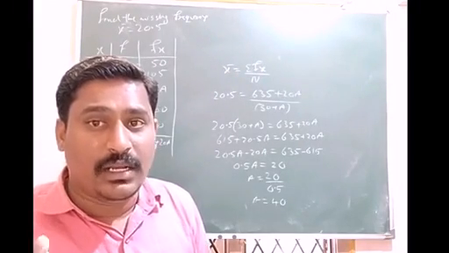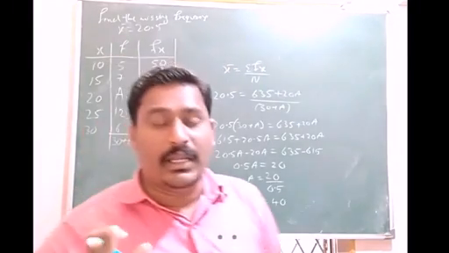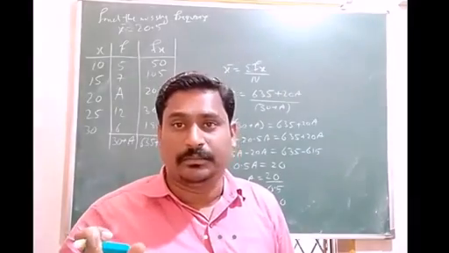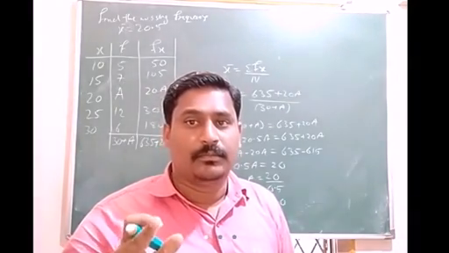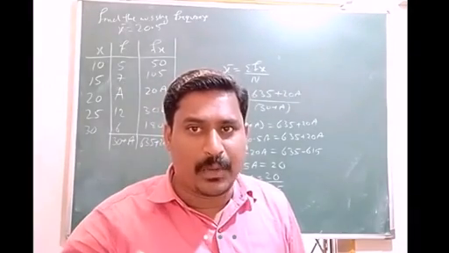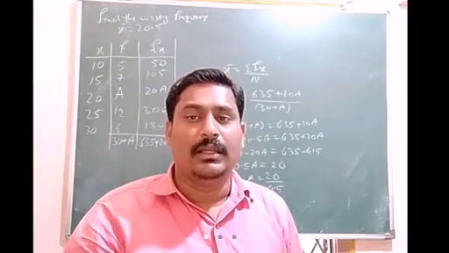Not 20 into 0.5. 20 into 0.5 is 10. If you multiply 0.5 with 20, the answer is 10, because multiplying by 0.5 divides it into half.